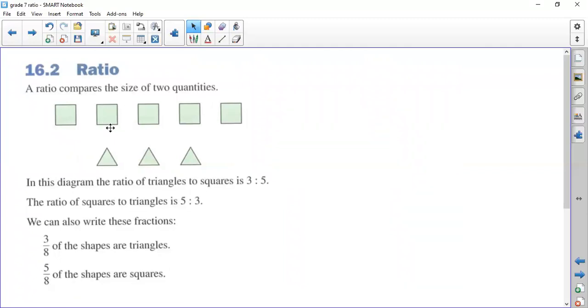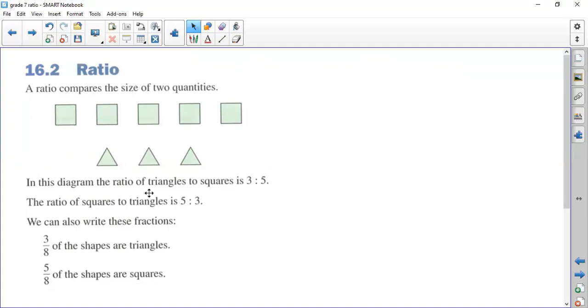For example, in this figure, I have 5 squares and 3 triangles. If I ask what is the ratio of triangles to squares, you will say 3 to 5. If I ask what is the ratio of squares to triangles, you will say 5 to 3. So there are 5 squares per 3 triangles.